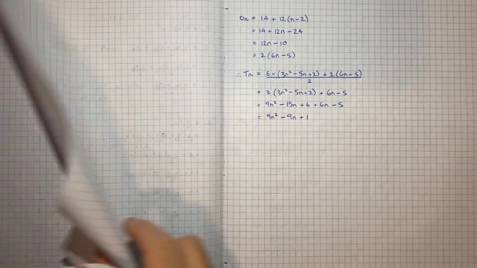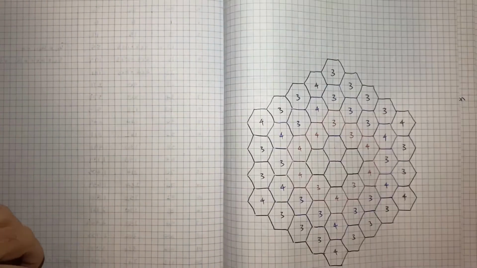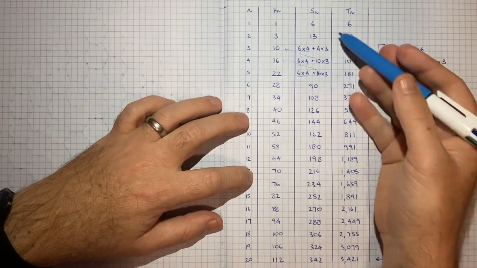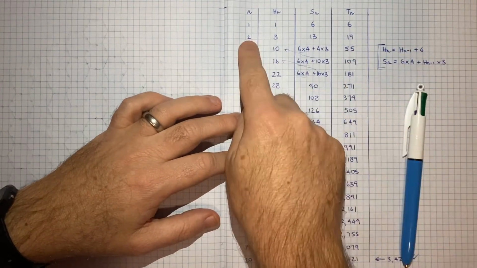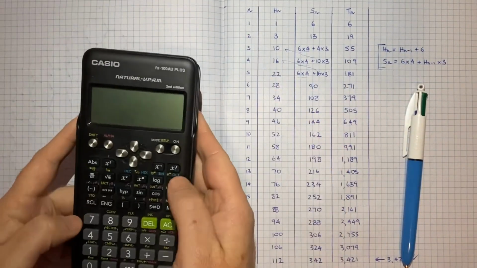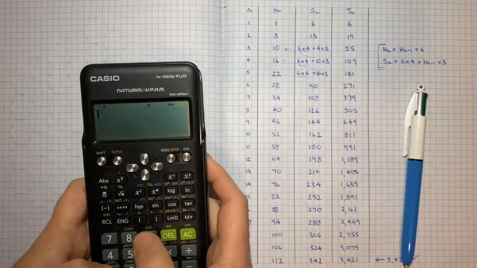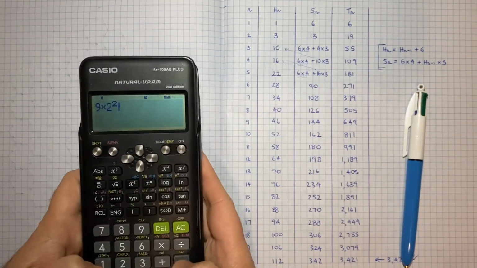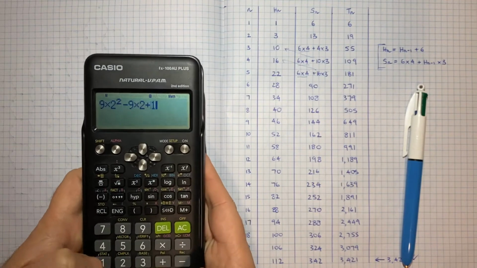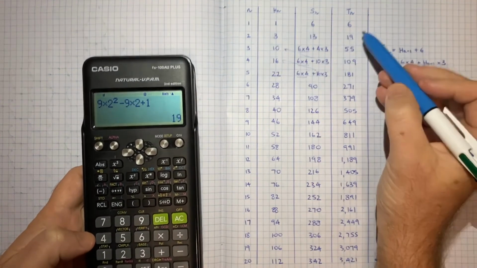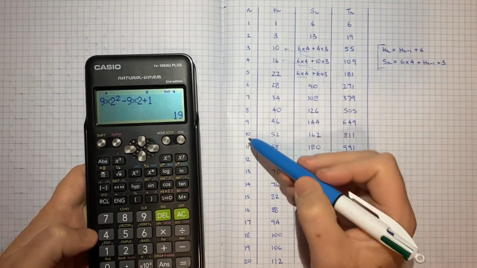So if I come back to the table in the previous solution, we can pick some values. Let's pick 2. If I did 9 times 2 squared minus 9 times 2 plus 1, that's 19. Let's pick 10.